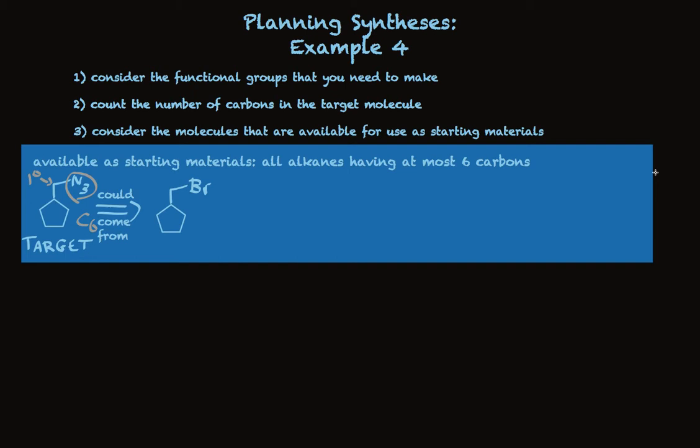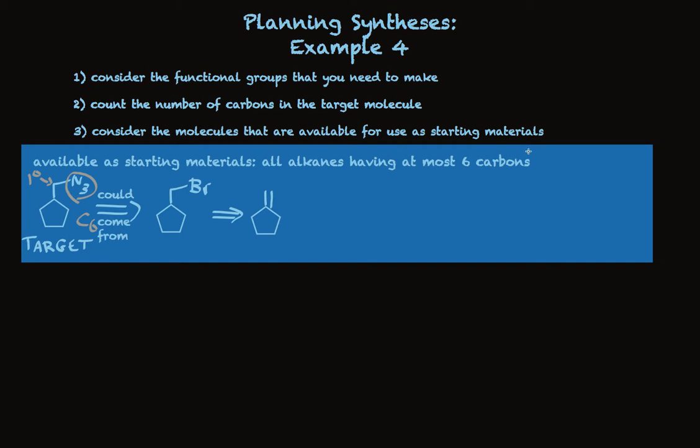If we had a good leaving group there other than bromine, we'd have to figure out how to put that there. So let's think about other things, and in fact we know how to make alkyl bromides by adding HBr to an alkene. So it seems reasonable to say, as our next planning step, that this could come from this alkene. And this alkene is something we would make by elimination.